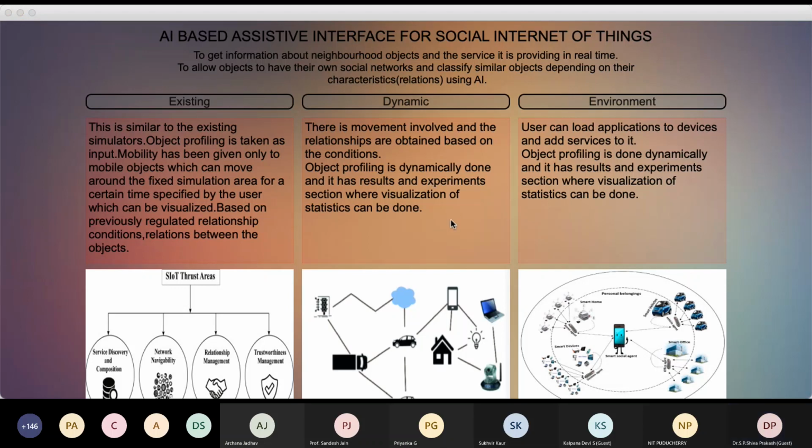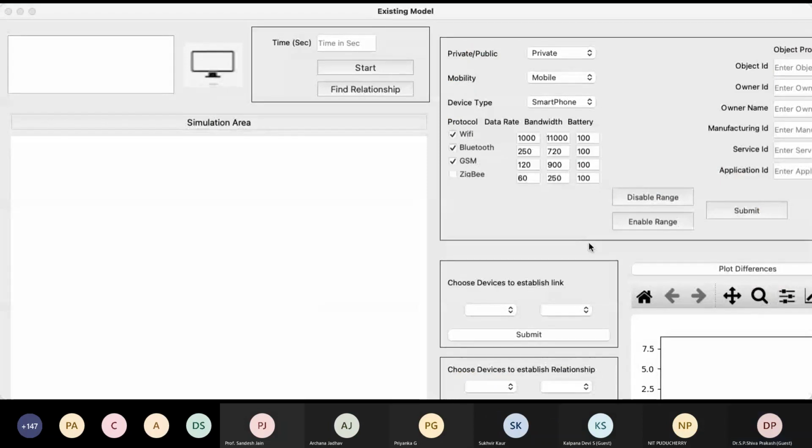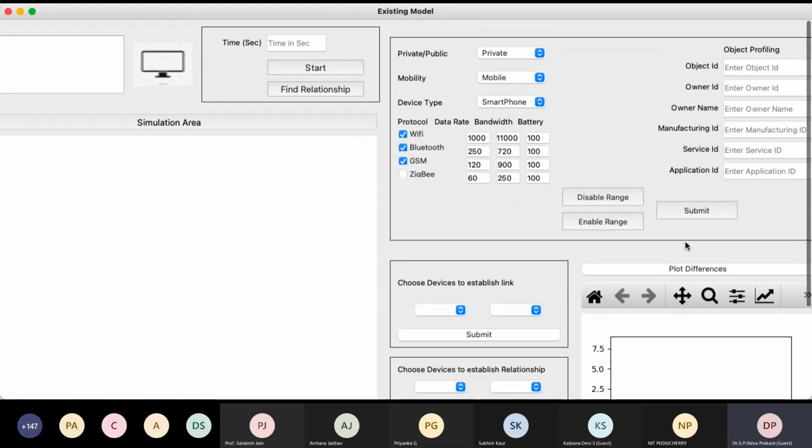I can just show you the manual one. This environment will help us enable this, where I have to provide these devices with a set of parameters.